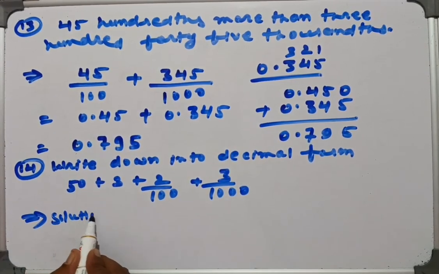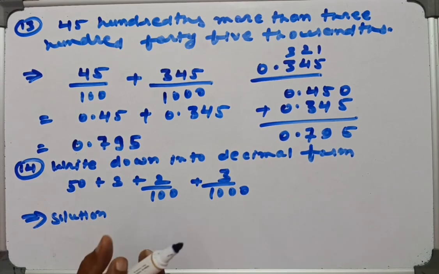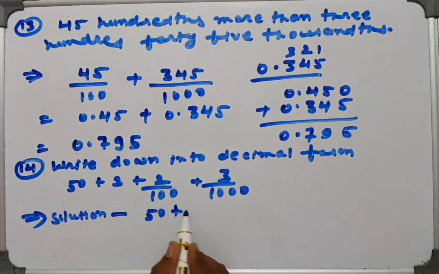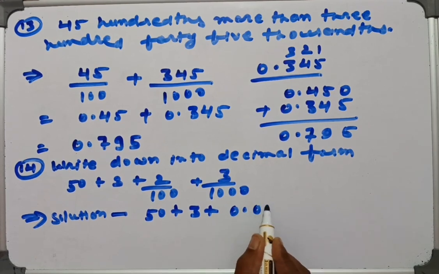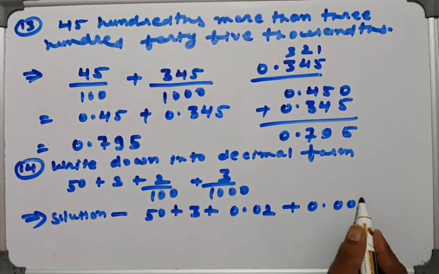Solution. Notice here the tenth number is not given, so take care of this point. So you can write it as 50 plus 3 plus 0.02 for this one, 0.003.